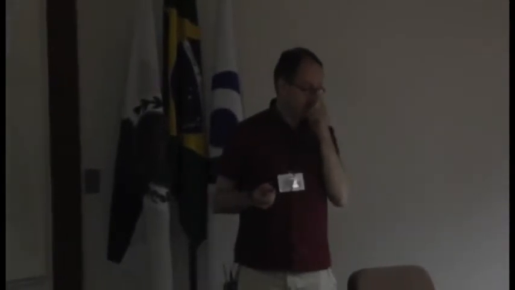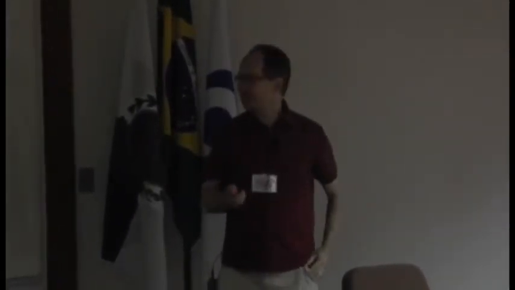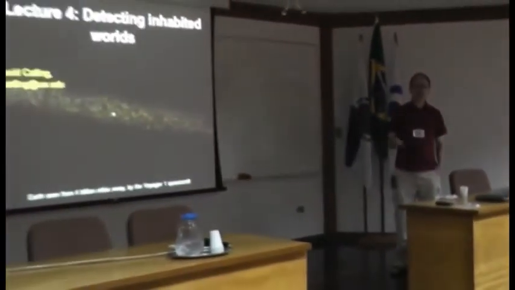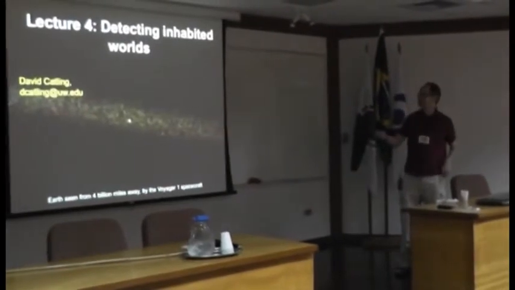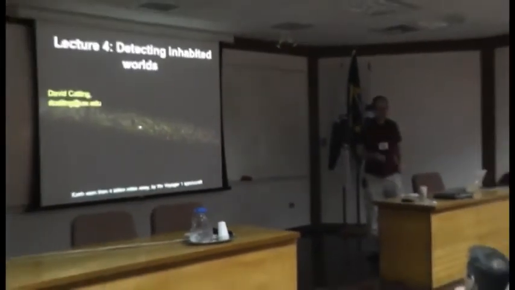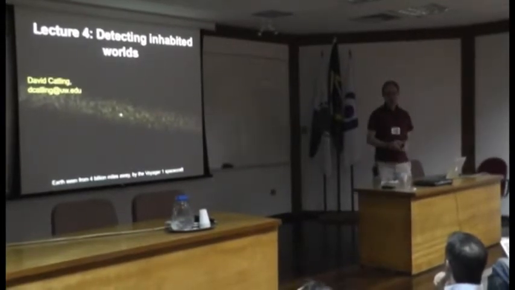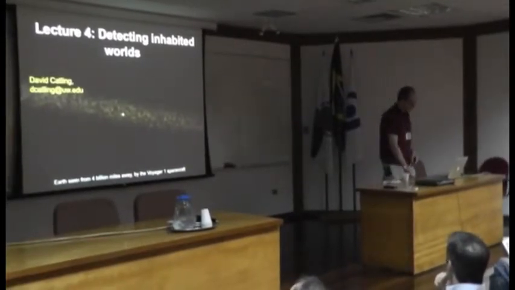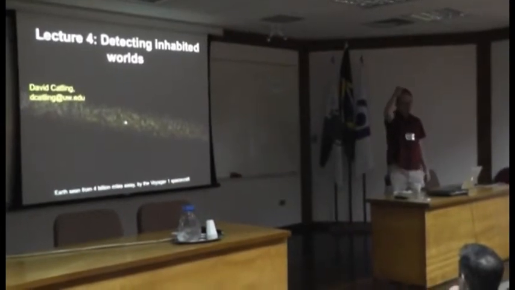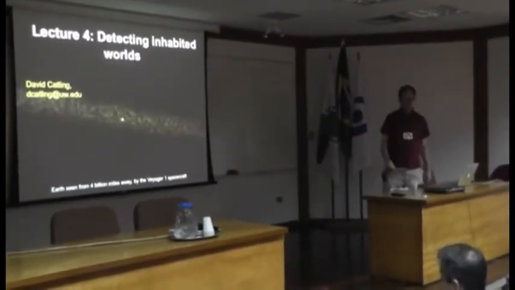So today I'm going to talk about detecting planets which have life on them remotely. This is a picture of the Earth. This is actually stray light, so the rest of this mess here is not real. But this is the Earth in a pixel, and we see its color, which is a pale blue color, which results from the Earth's atmosphere.